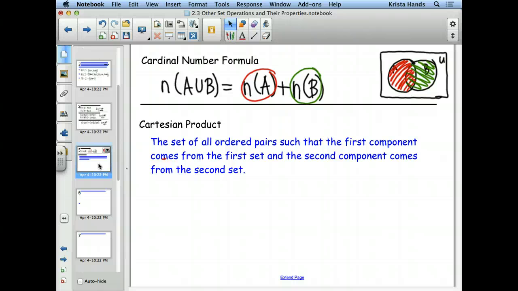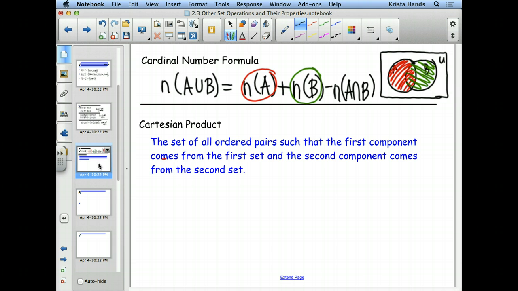Like if we go back to Mary and Joe and their kids, and we counted all of Mary's kids, and we counted all of Joe's kids, Ann and Andy would have got counted twice, wouldn't they? So how do we take care of that? Well, we actually remove one of the double countings. So we remove one time, not twice, because then we would remove everything in the middle section. We just want to remove the double counting in the middle section.